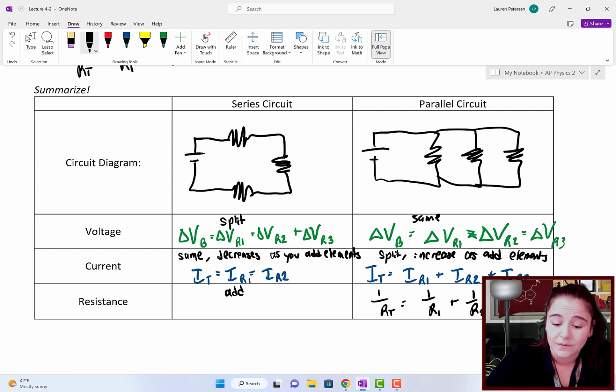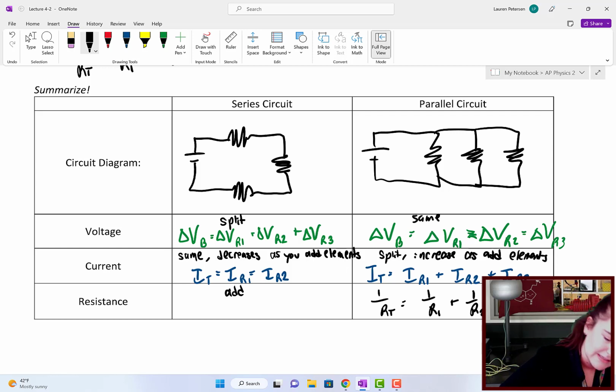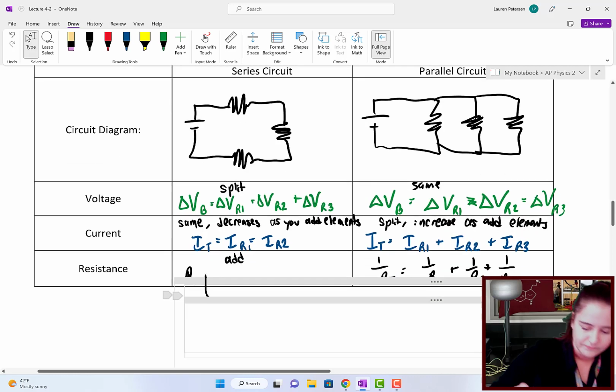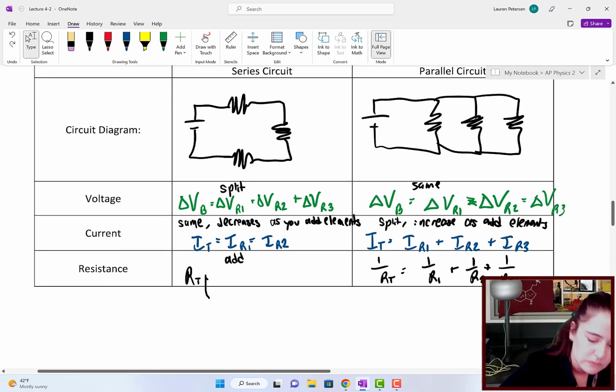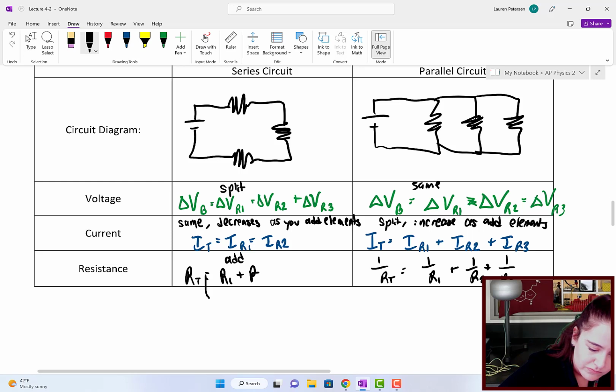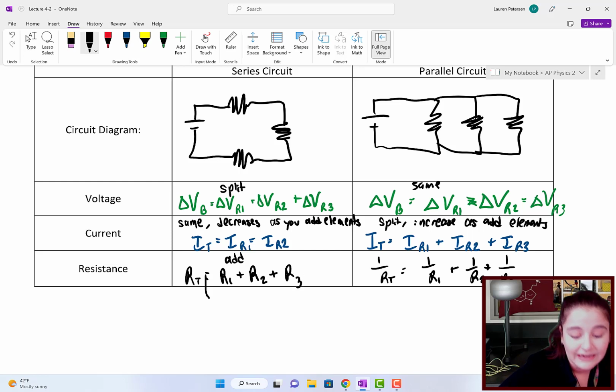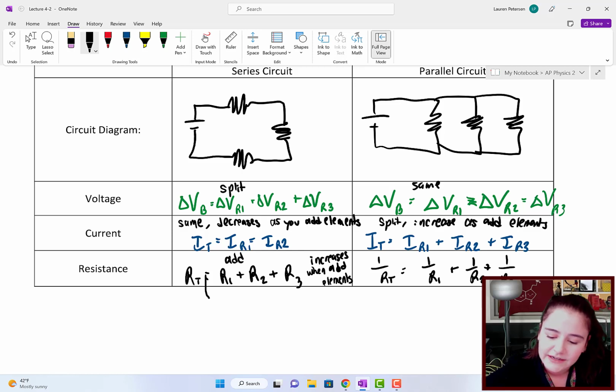And again, that will decrease as you add elements, whereas in series it will increase as you add elements. So for series circuits, resistance increases when you add elements, whereas for parallel circuits, the equivalent resistance will decrease as you add elements.